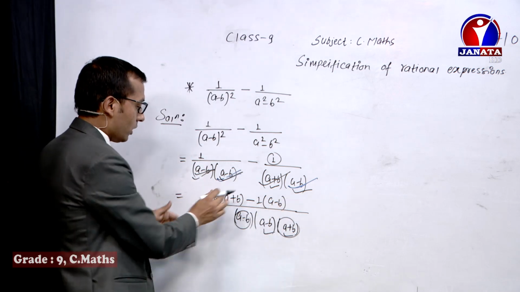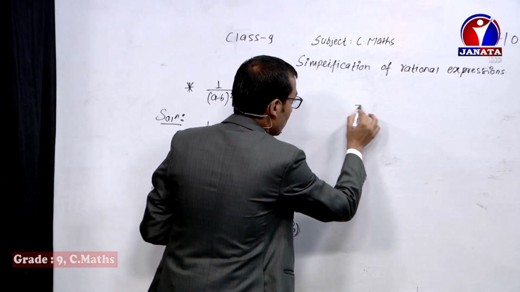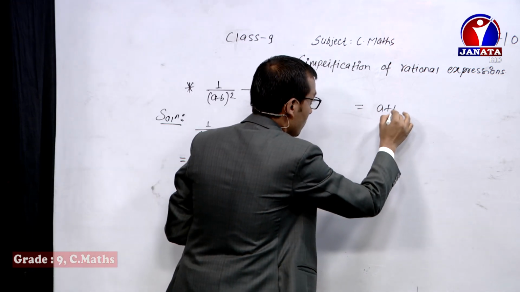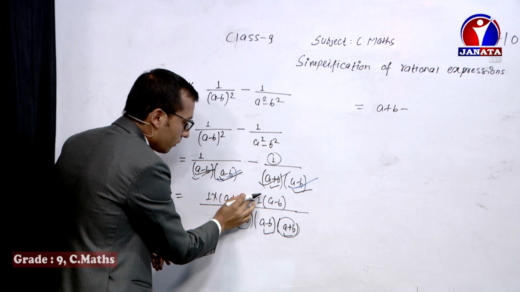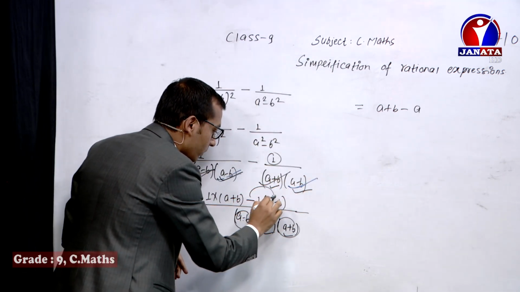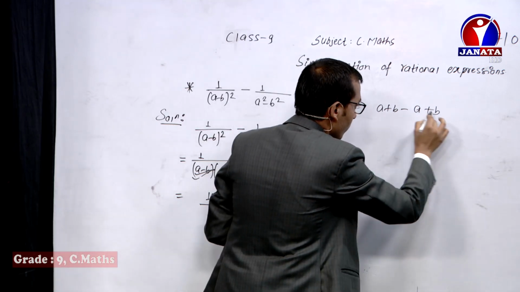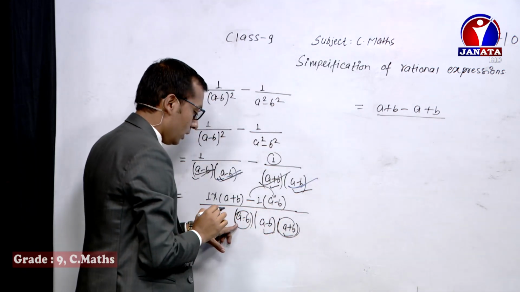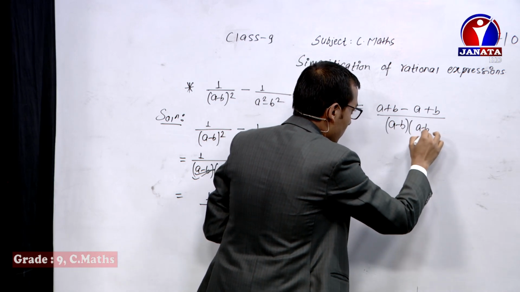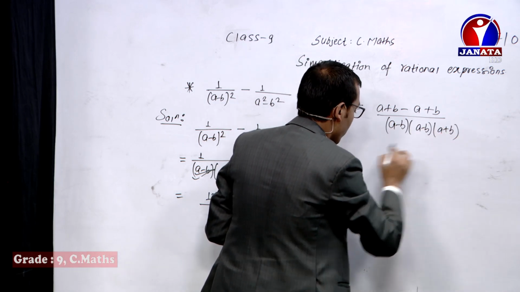Now we can open the bracket in numerator. So 1 times a plus b is same, a plus b minus a, minus is plus b, over a minus b times a minus b and a plus b.